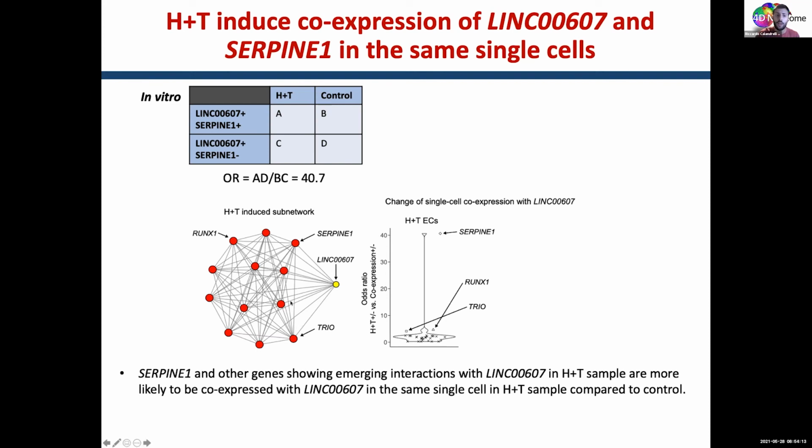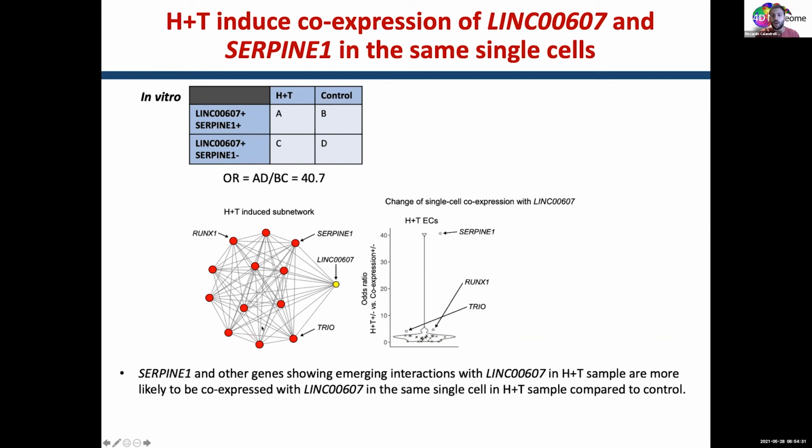You can see all of them were super-enhancer hubs, which is why they're plotted in red. And we could perform the same exact analysis that we did for SERPINE1 for all the other genes overlapping the super-enhancer.